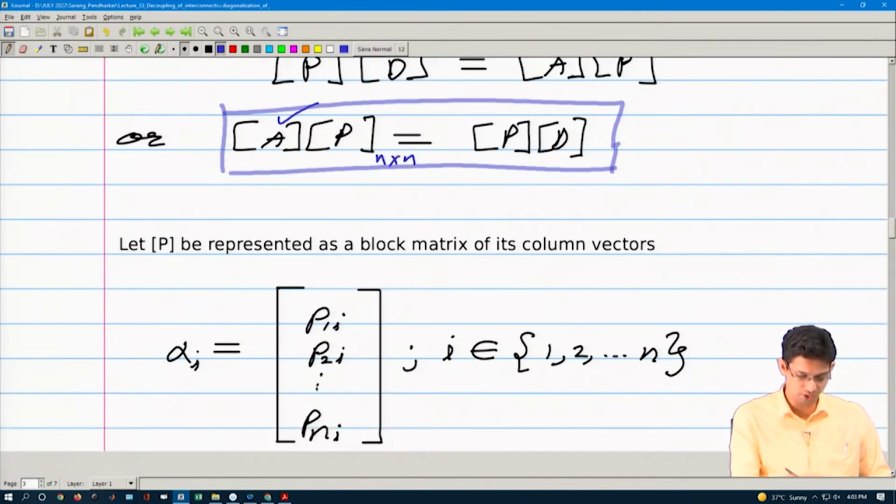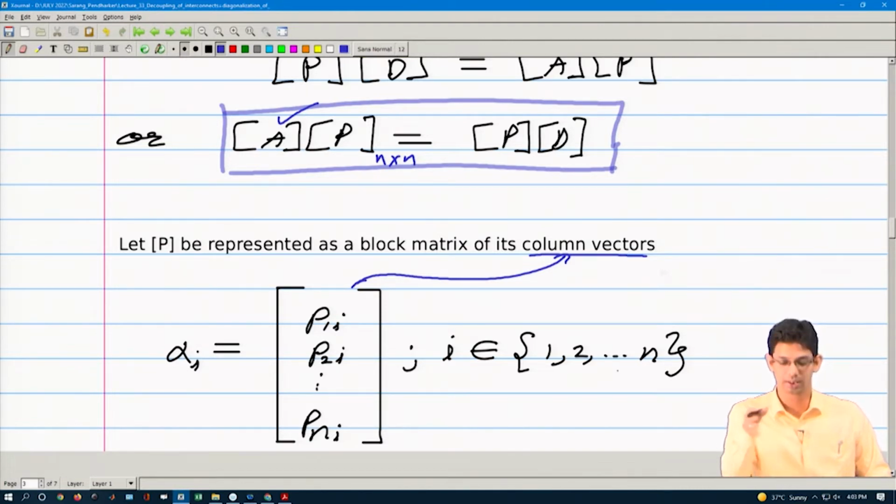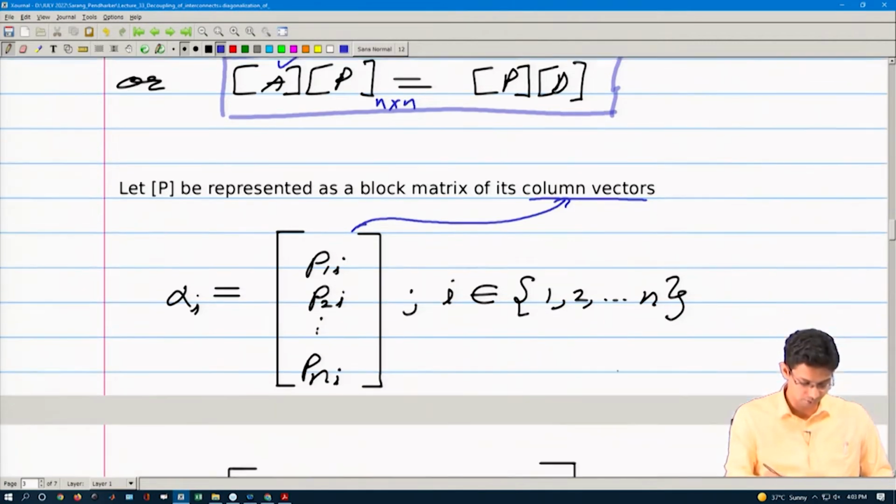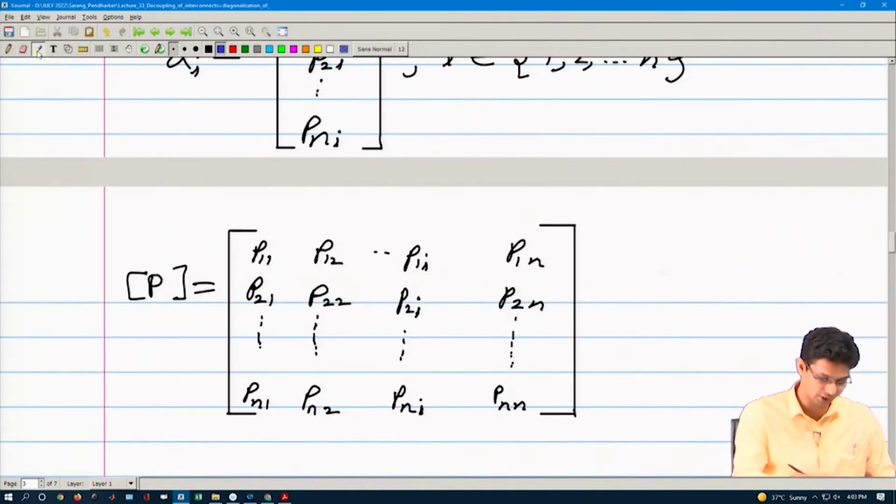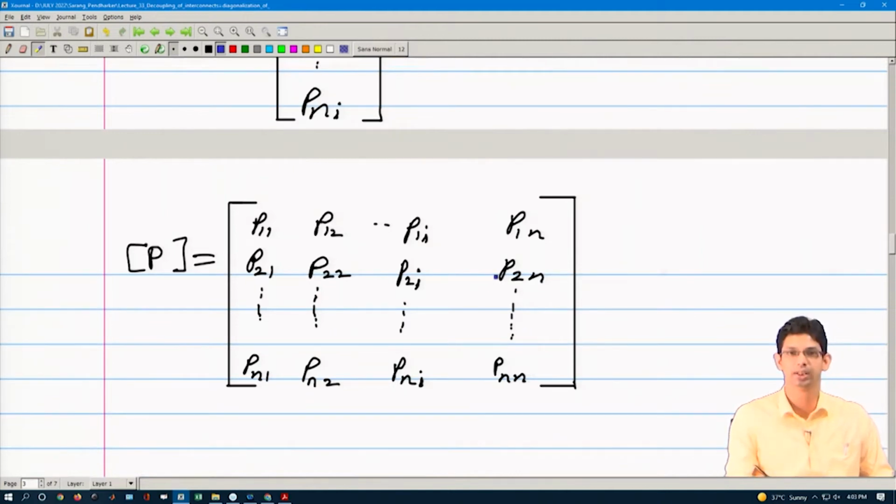We will represent P as a block matrix of column vectors, where these are individual values, and this is a column vector. There are n such column vectors, and you can assemble them together to make your big matrix P. Let me explain again: I have a matrix P like this, the size is n cross n.